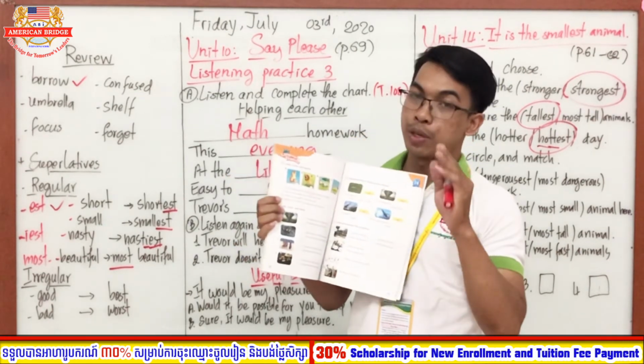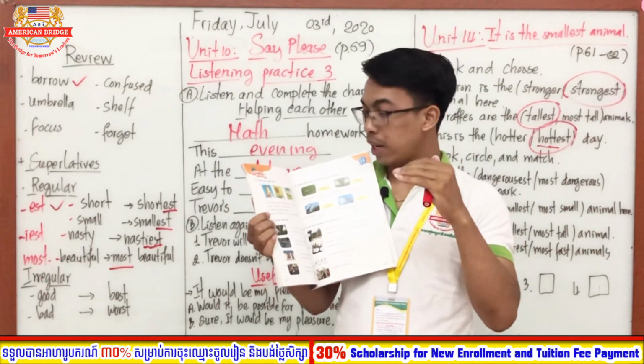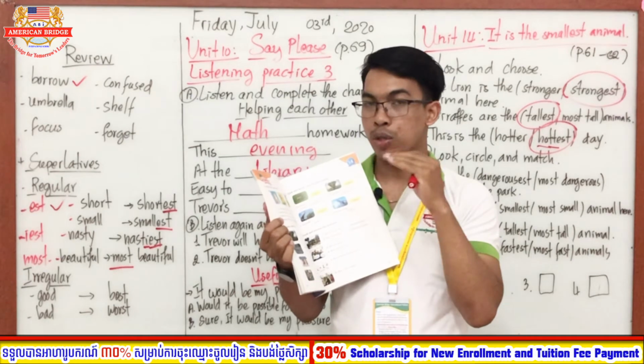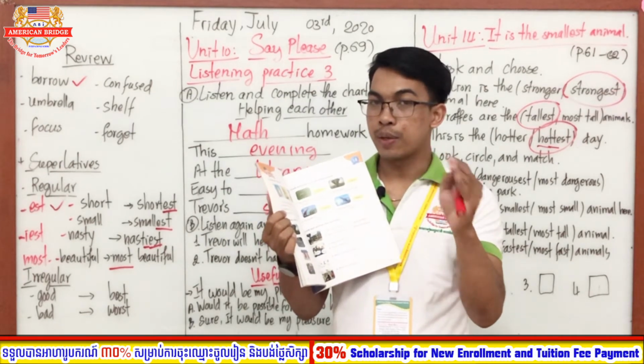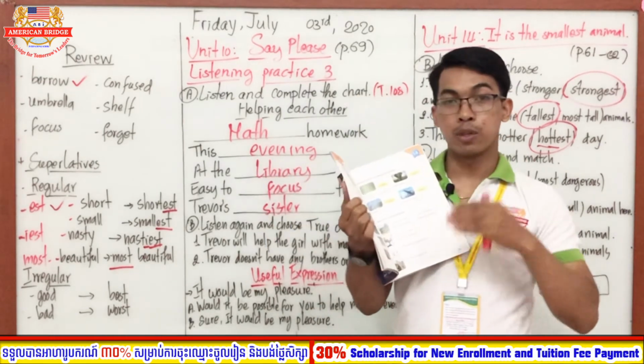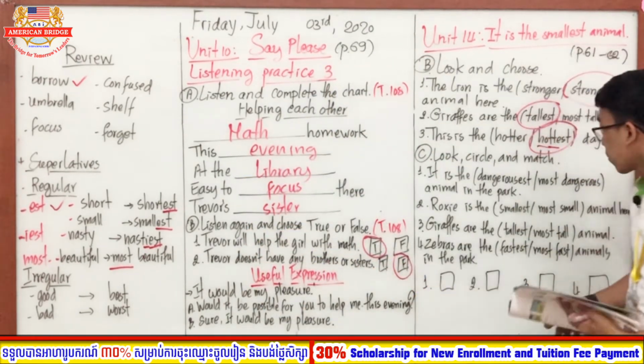We have 4 pictures, and you have to circle the correct answer, and after that, the last step, you have to match the sentence to the picture. You see? Good. So everyone, are you ready to practice this exercise? Good. So now let's practice all together.